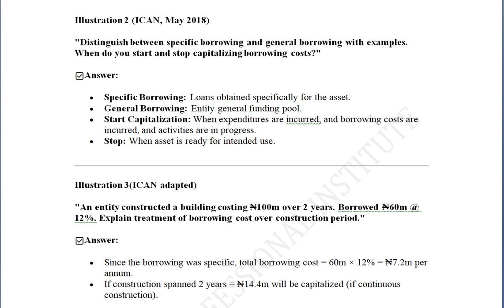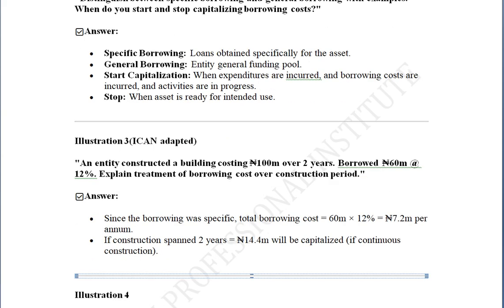And so what is the accounting treatment? Very, very simple. The accounting treatment is, for the first year, you are going to debit the PPE with 7.2 million, and then you are crediting finance costs with the 7.2 million.